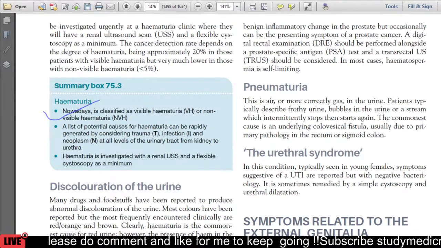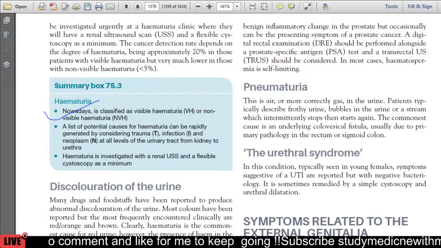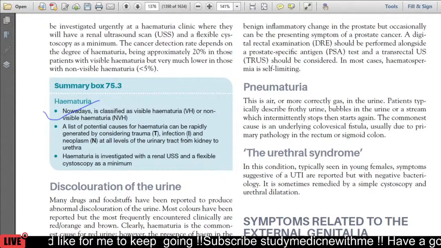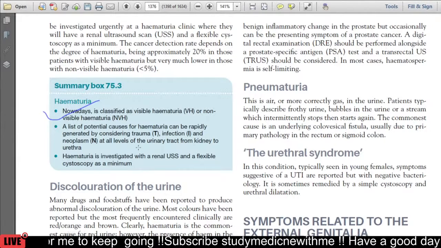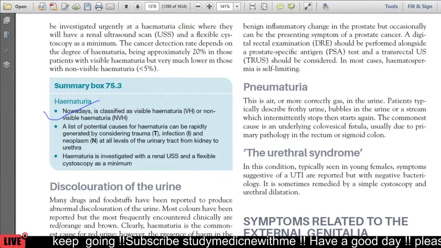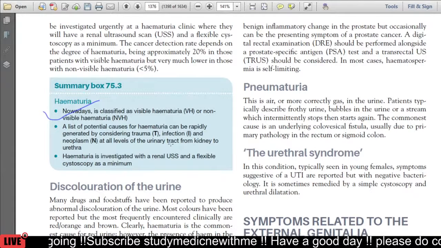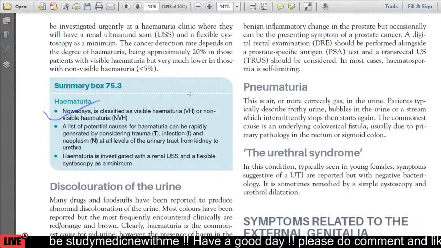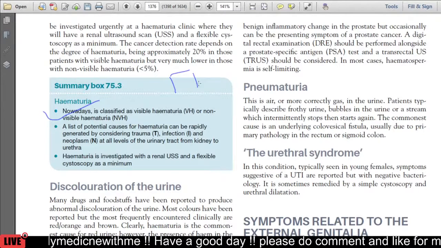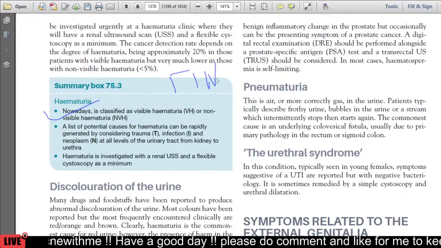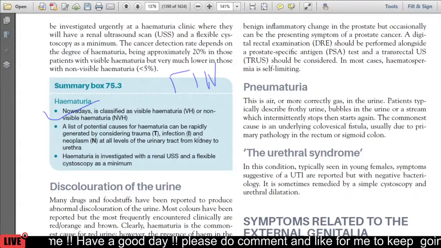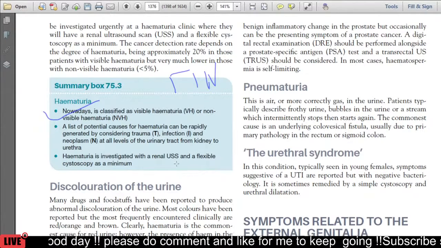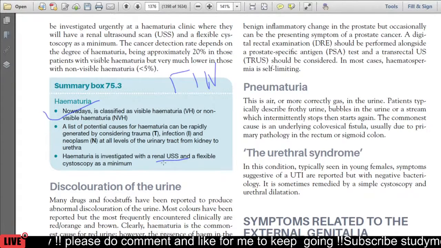A list of potential causes for hematuria can be rapidly generated by considering trauma, infection, and neoplasm at all levels of the urinary tract, from the kidney to the urethra.